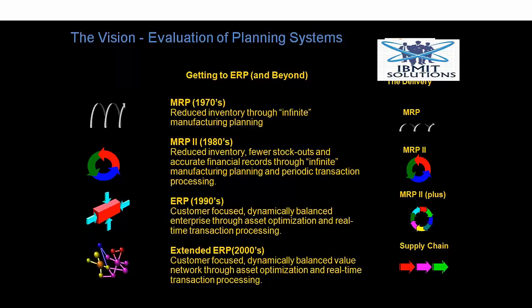So MRPs were intended for manufacturing sectors, and then ERP is a two-tier architecture, that means client and server. Extended ERP is a three-tier architecture: client, server, web. So what is the difference between the two-tier architecture and the three-tier architecture?